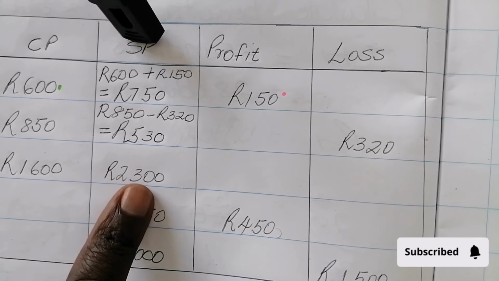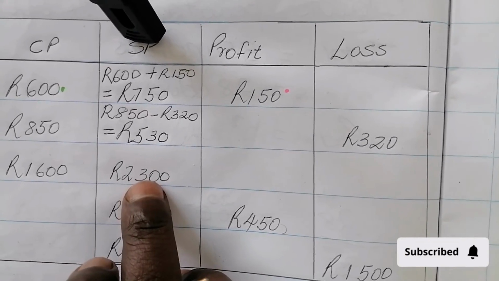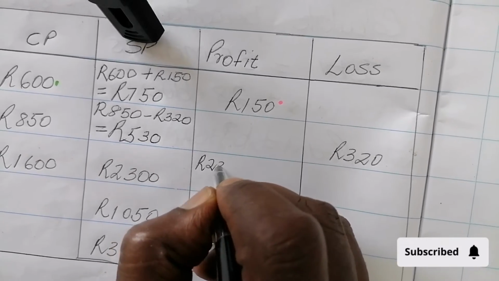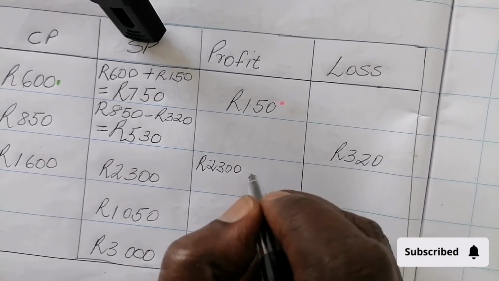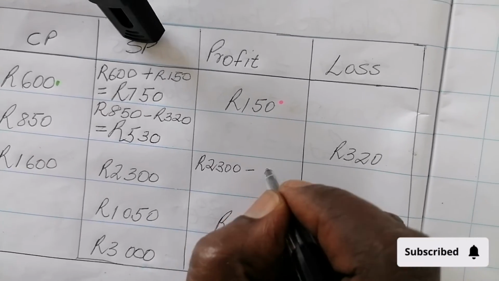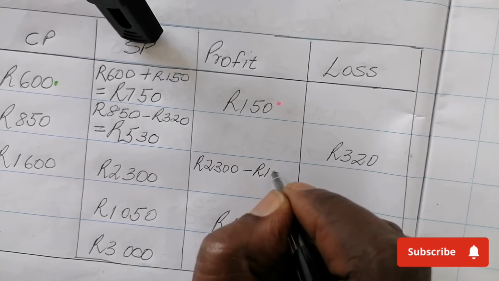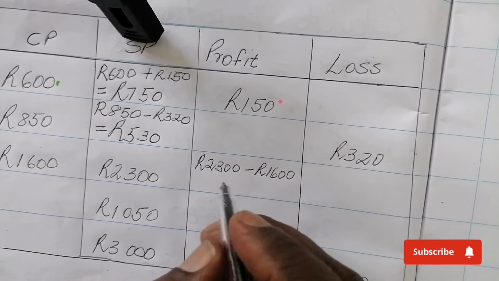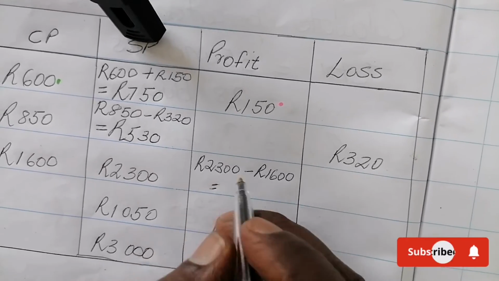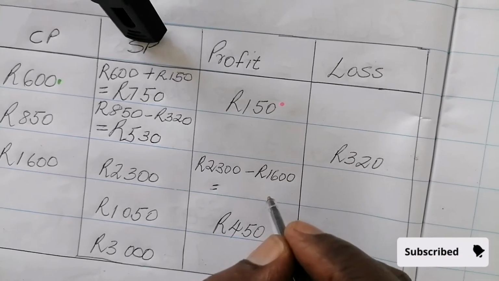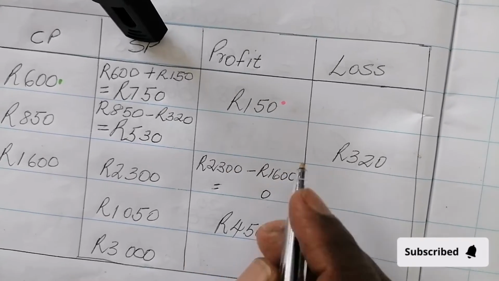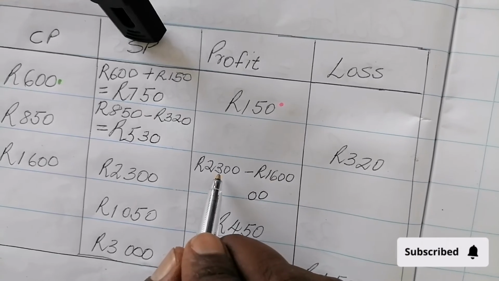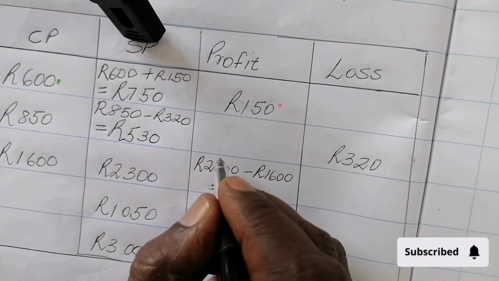So to calculate a profit, we take the selling price, which is 2,300, minus 1,600, which is our cost price. 0 take away 0, 0. 0 take away 0, 0. 3 take away 6. 6 is more than 3, so we have to borrow from the next door 1.